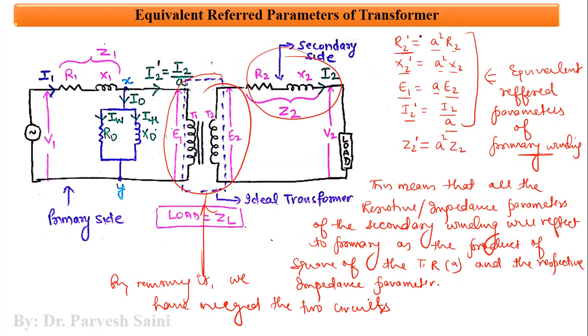Because all the resistive components, you can see, are being multiplied by square of the transformation ratio, right? Similarly, the current. So now vice versa will happen when we have the secondary equivalent circuit with respect to primary, right? So we will see that also.